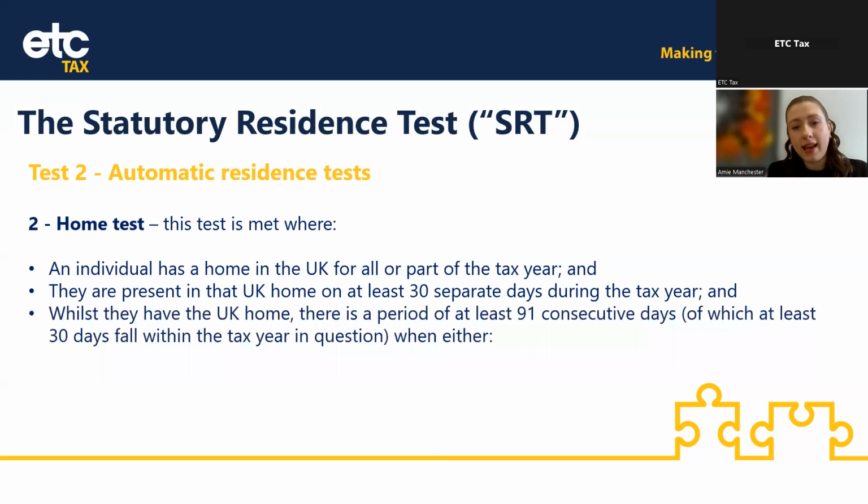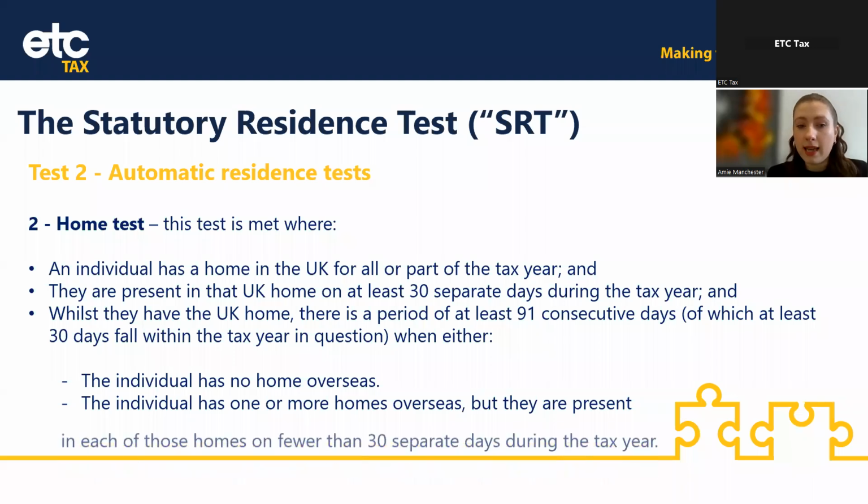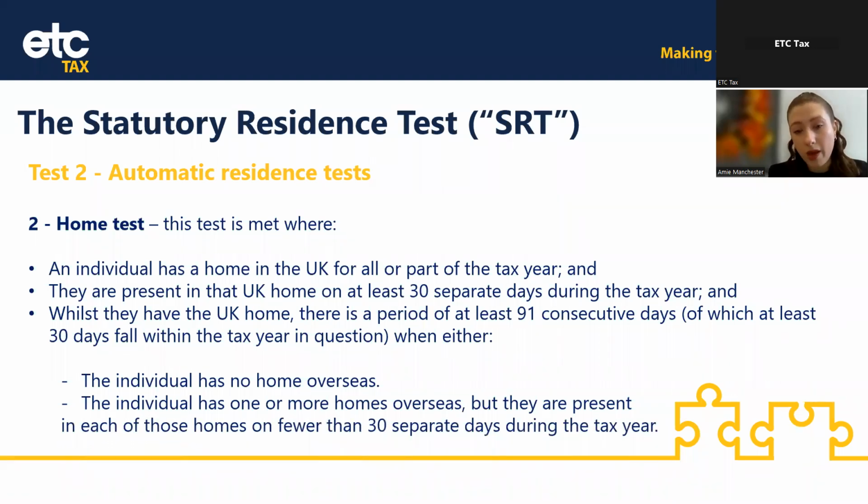And whilst they have that UK home, there is a period of 91 consecutive days, of which at least 90 fall within the tax year in question, when either the individual has no home overseas, or if they do have a home overseas, they are present in each of those homes on fewer than 30 separate days in the tax year.